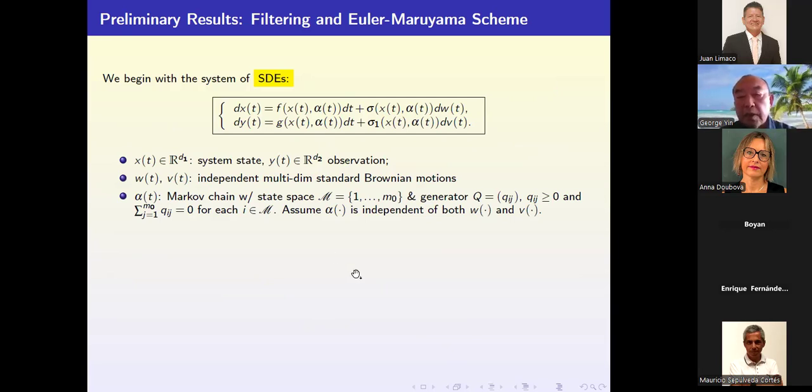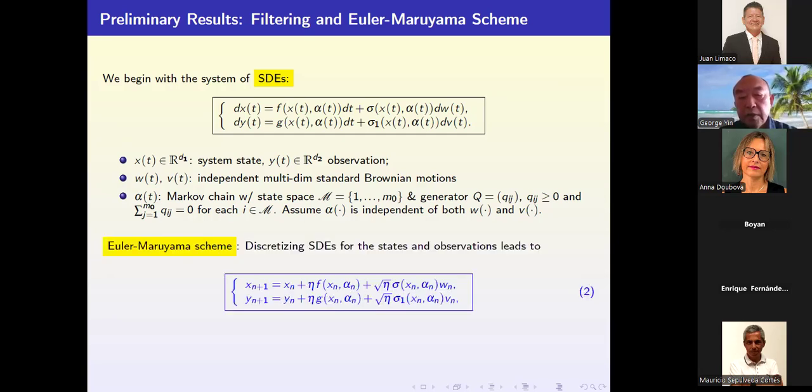You want to get the solution using the observation. So we simulate that. How do we simulate that? We use the Euler-Maruyama scheme to write down the discrete version of the SDE, which is the following discretized version.